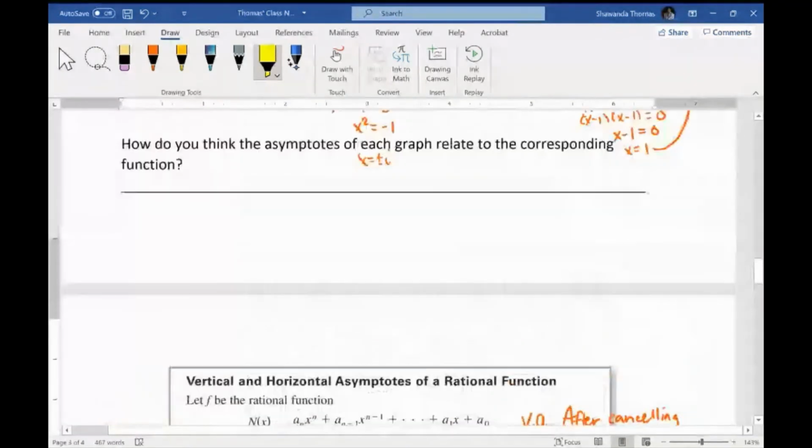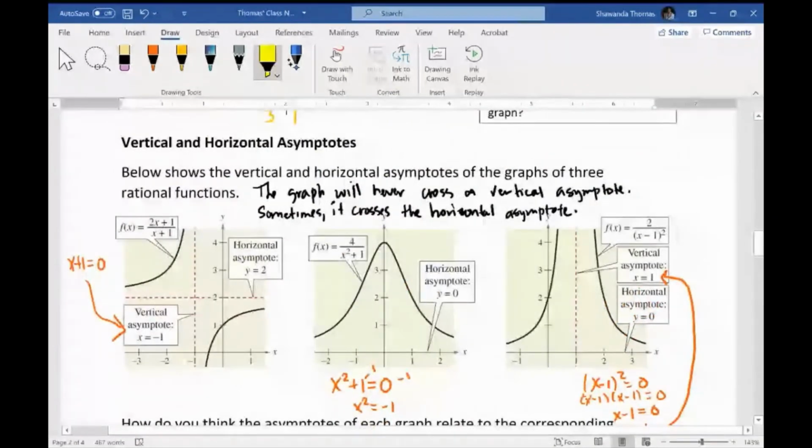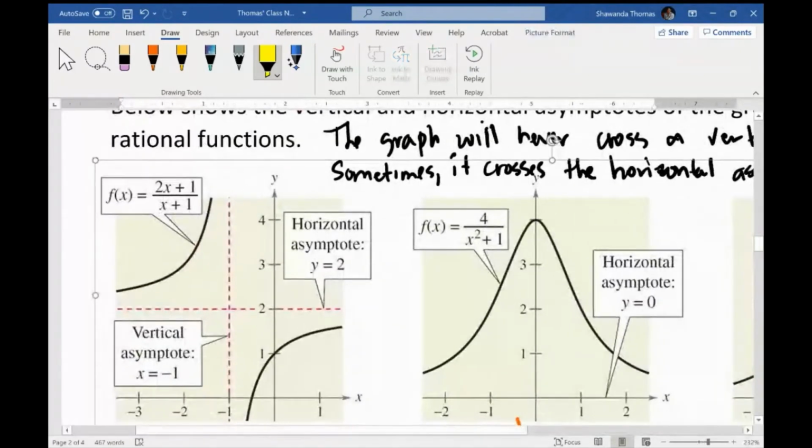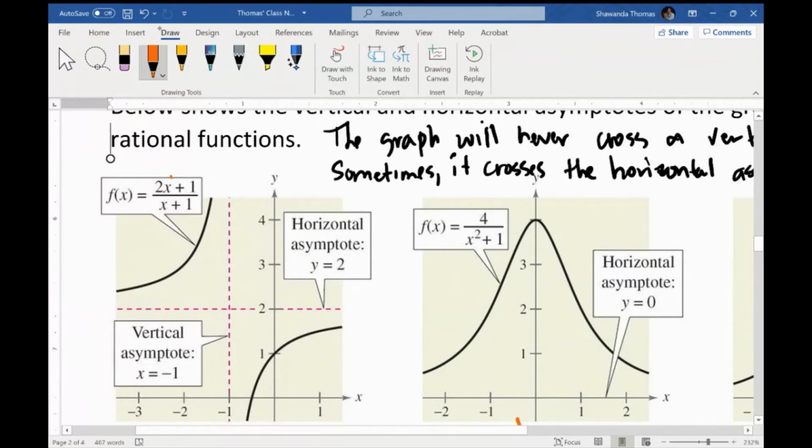Let's go up here. The first one, 2x plus 1 over x plus 1. What is the degree of the numerator? 1, all right, because it's 2x to the 1 power. Degree of the denominator? 1.